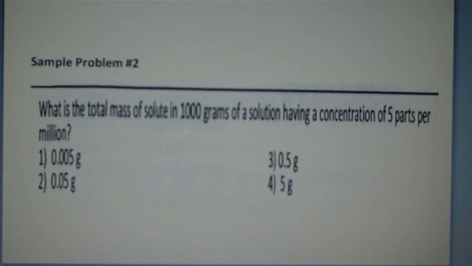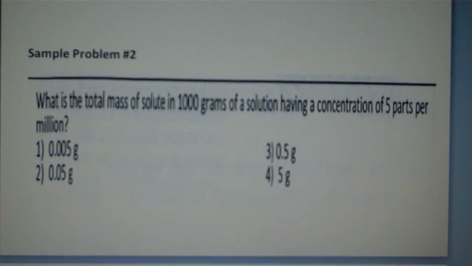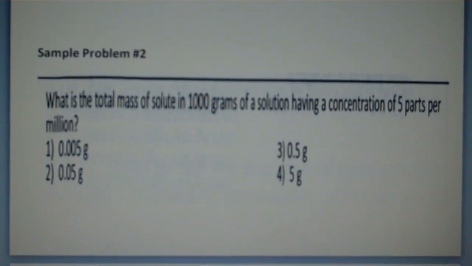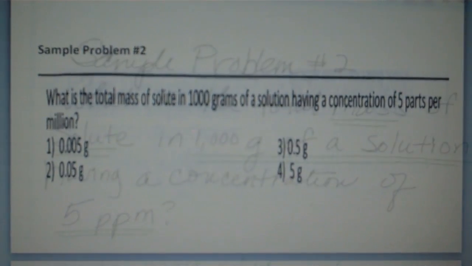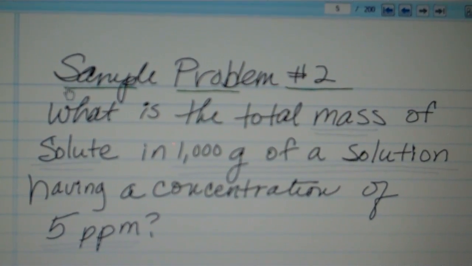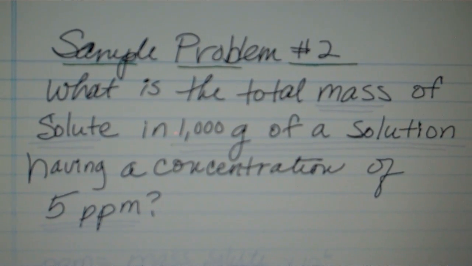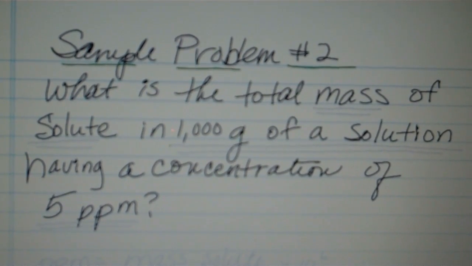Sample problem 2. What is the total mass of solute in 1,000 grams of a solution having a concentration of 5 parts per million? Again, we want to see what's important.